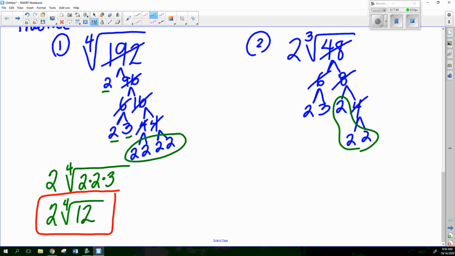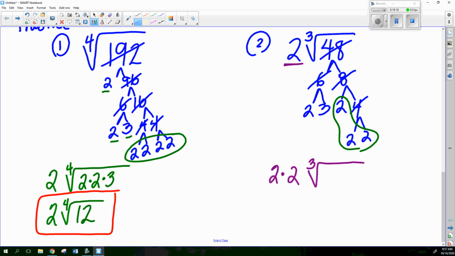Okay. Now, here's what's different about this problem. There's already a 2 in front. Yes? So that's going to stay in front. And then I'm going to multiply it by anything else I bring out. What am I bringing out? A 2, right? Because I have 1 circle. And then I copy down my radical.